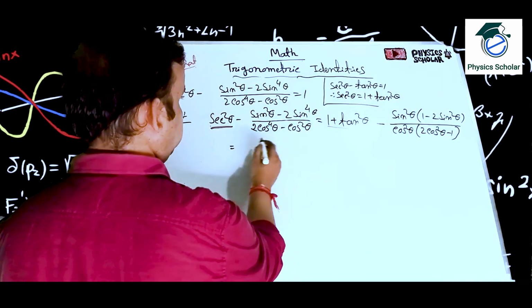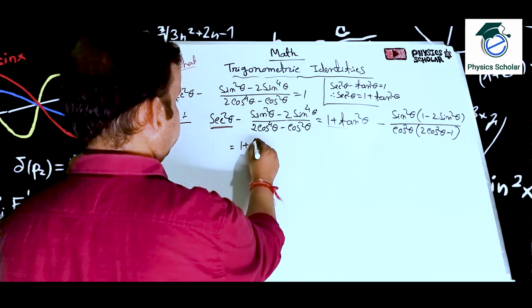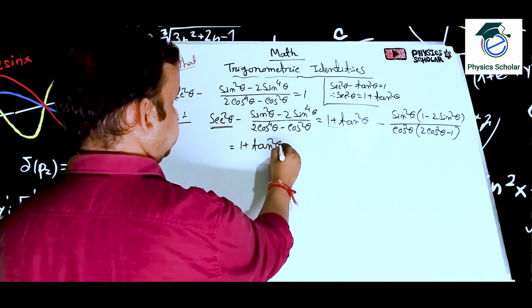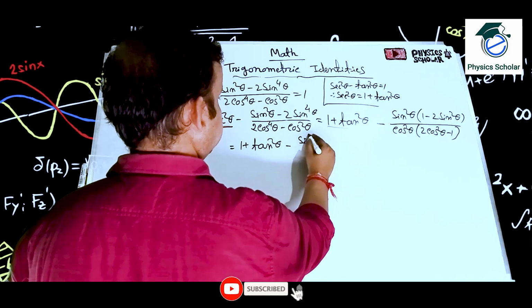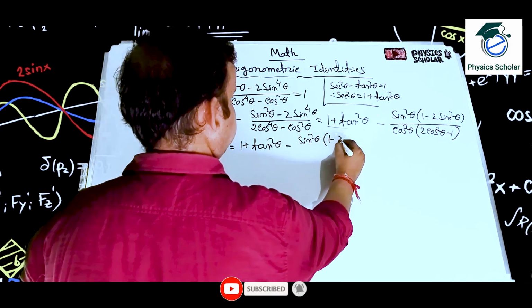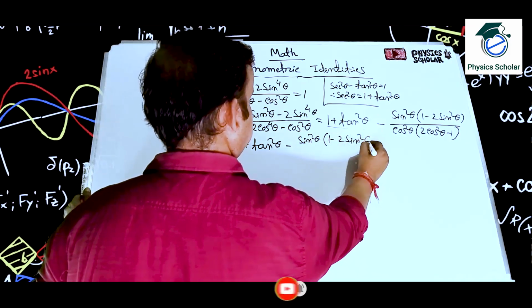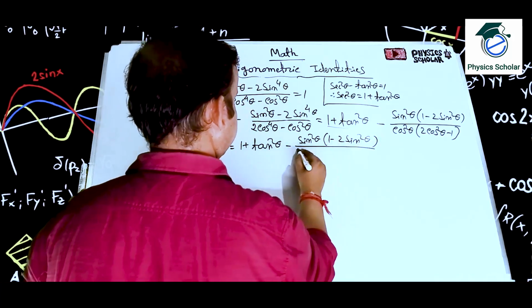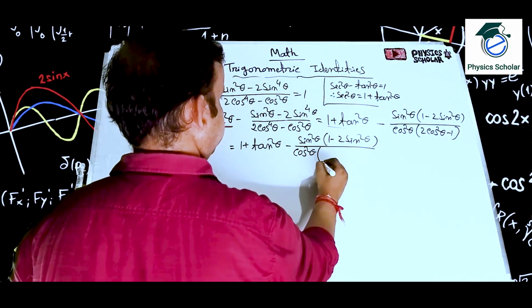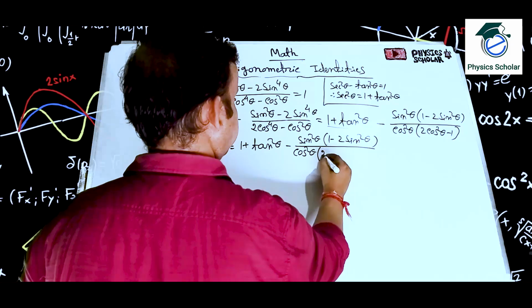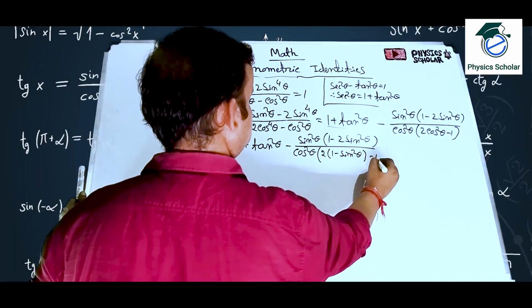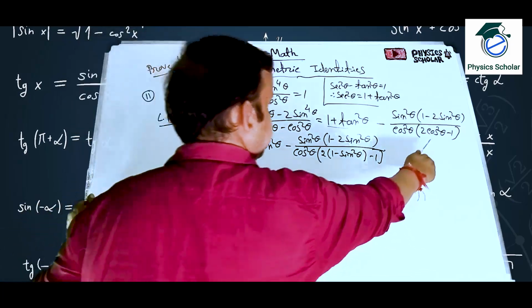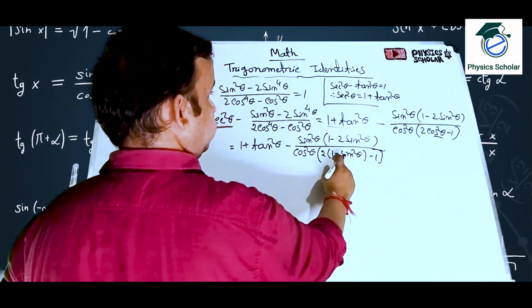Clear? So now as it is we are writing 1 plus tan squared theta. Minus sin squared theta into (1 minus 2 sin squared theta) divided by cos squared theta into (2 cos squared theta minus 1). Now 2 cos squared theta means 2 into (1 minus sin squared theta) minus 1. Clear? So here instead of cos we are converting it to sin.